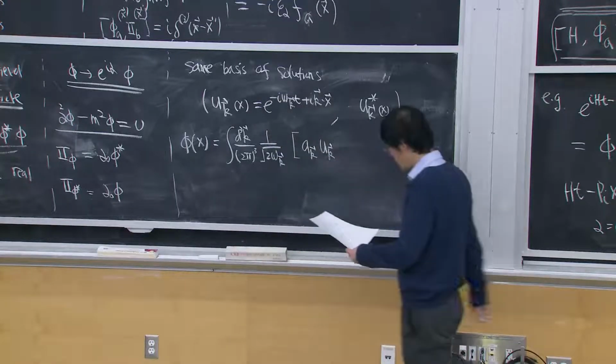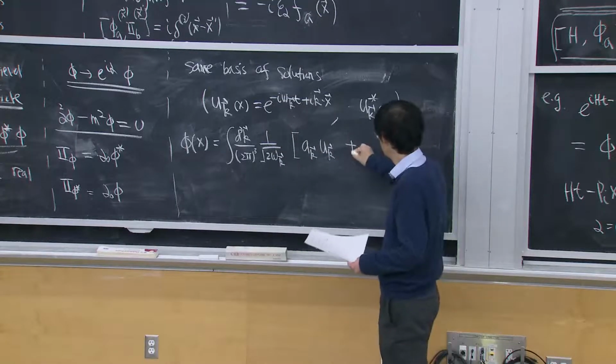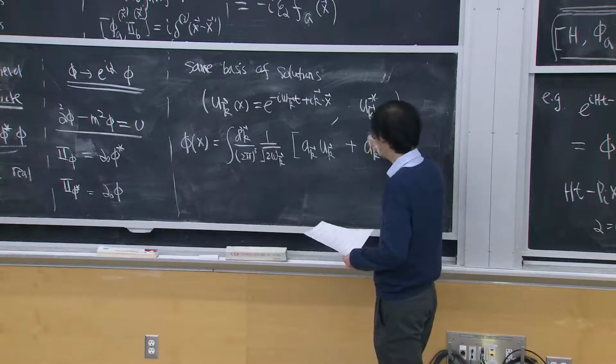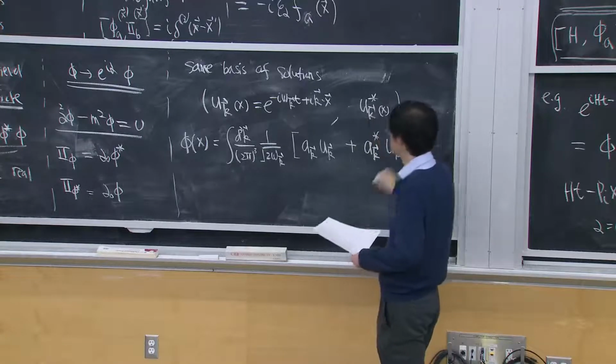Previously we have A_k dagger. We have A_k star, say classically. Let me just first write classically. So previously we have these.